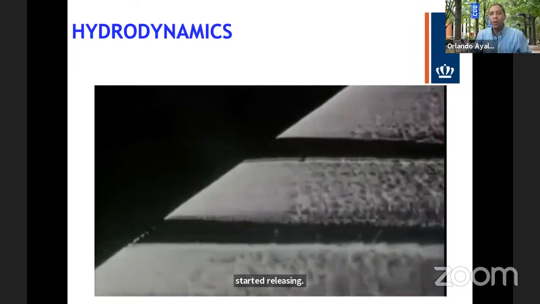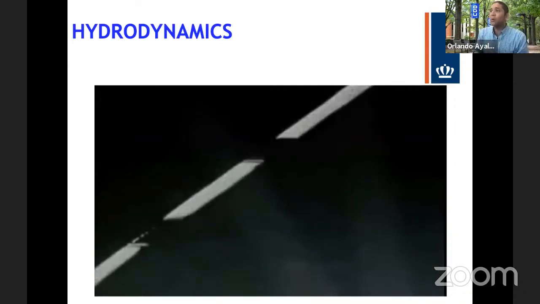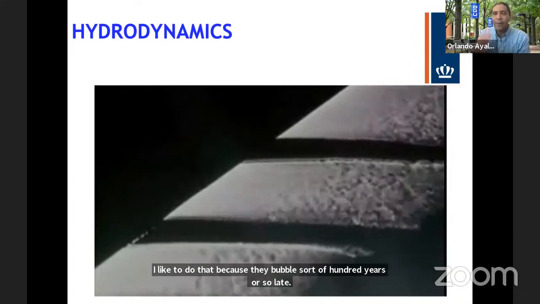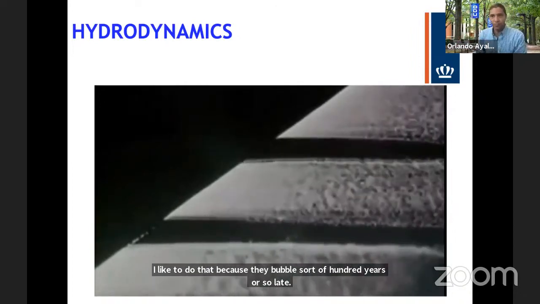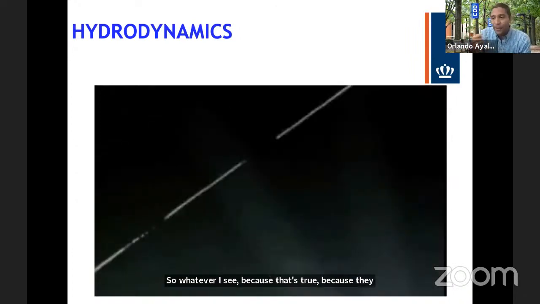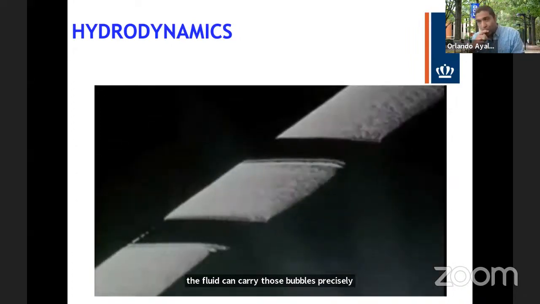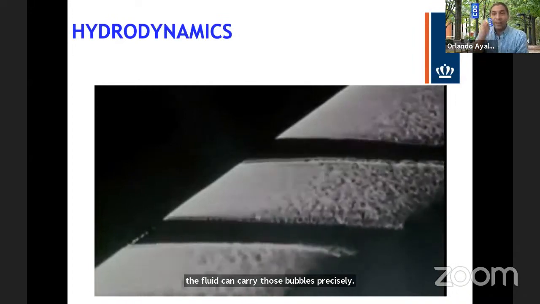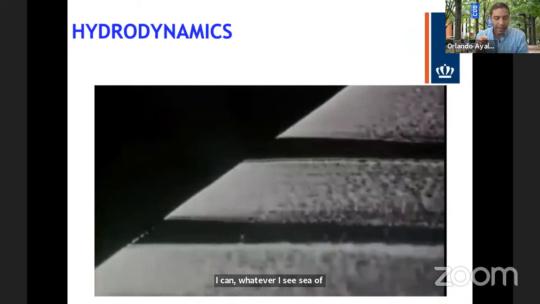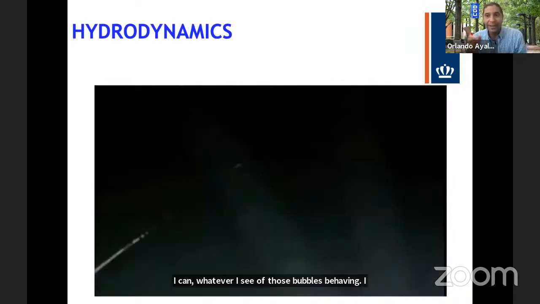Now, why do I do that? Well, I like to do that because the bubbles of hydrogen are so light that they are carried by the flow precisely. Because the fluid can carry those bubbles precisely, whatever I see of those bubbles behaving, I can assume that's the behavior of the fluid.